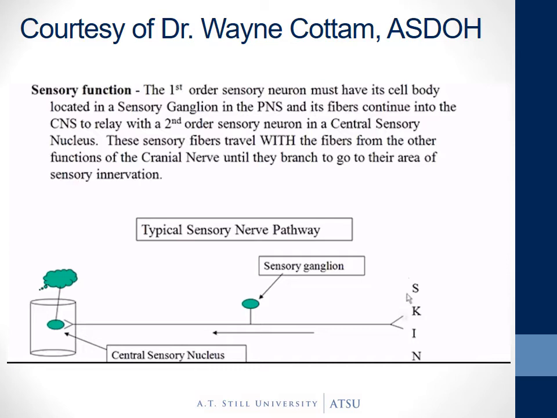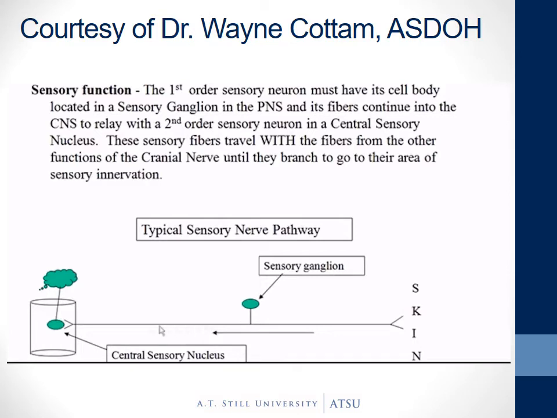So we see here in the skin there's a first order sensory neuron that is bringing information from the skin in the peripheral nervous system, and those impulses are moving towards the central nervous system. The cell body for this first-order sensory neuron is contained in a sensory ganglion, usually with the cell bodies from many other first-order sensory neurons.